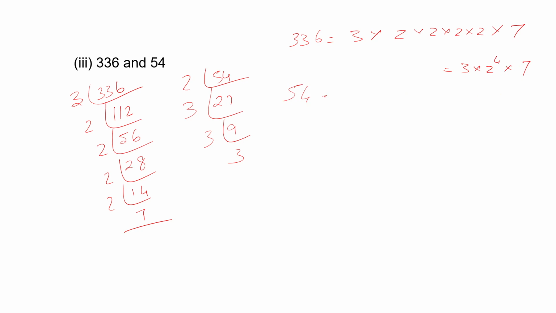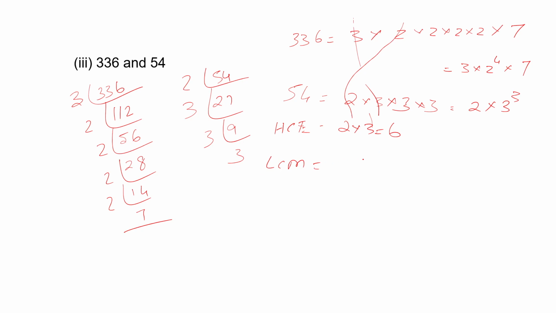And then here 54 factor is 2 into 3 times 3, which is equal to 2 into 3 cube. Okay. So what is the common factor here? 2 and 3. So HCF is equal to 6. Common factor is only 2 and 3.